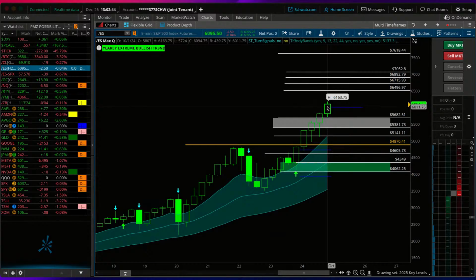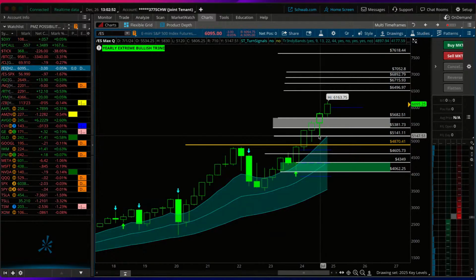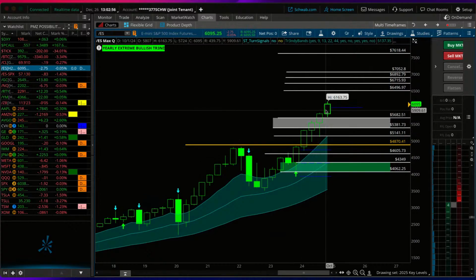So, where I can see that we are extended from the EMA cloud here on this quarterly chart, I also know that the market still has room to the upside, obviously, because back in the past, we have had 8 and 9 quarters that closed higher than their previous quarter.